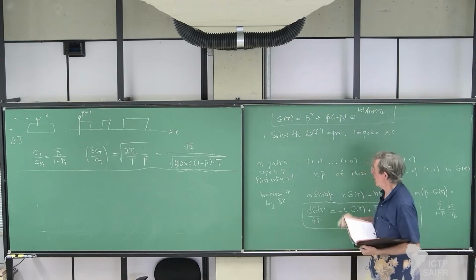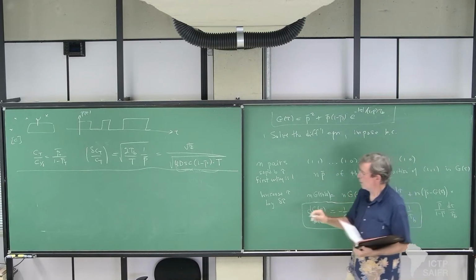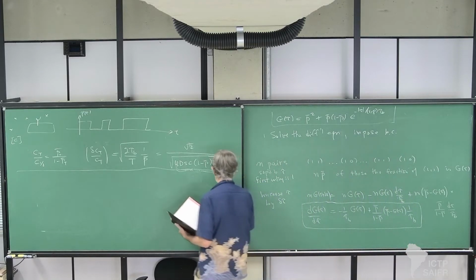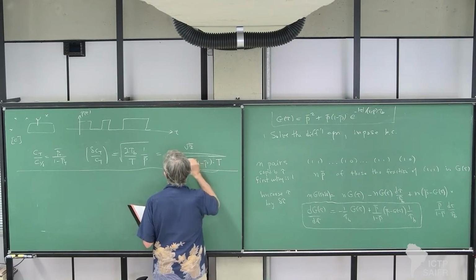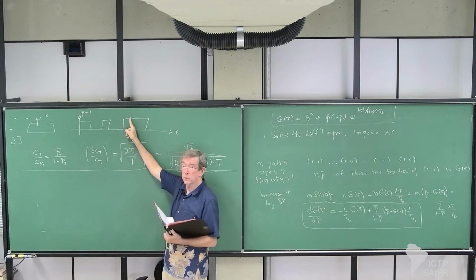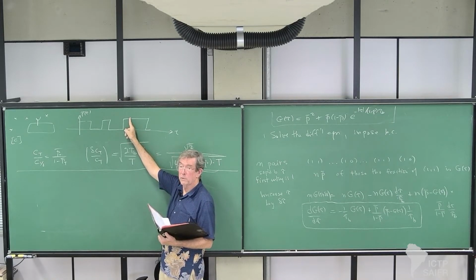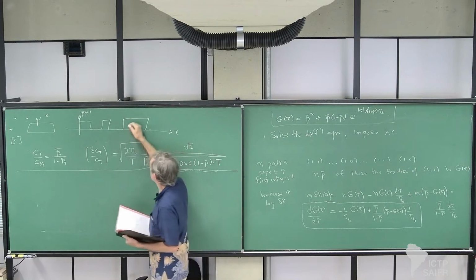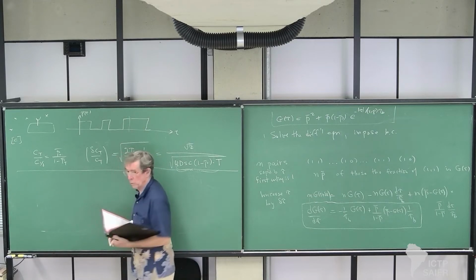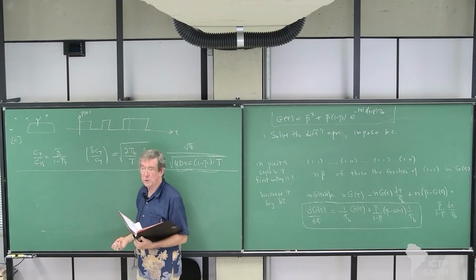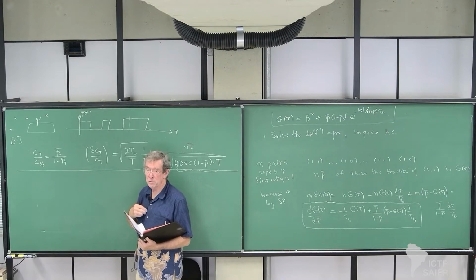Well, what does this g of τ mean? It's the correlation between two events in this curve that are very close together. If they're very, very close together, whatever the first one was, the second one will be the same thing. If the first one was 0, the second one will be 0.